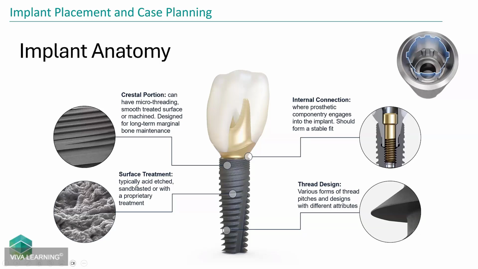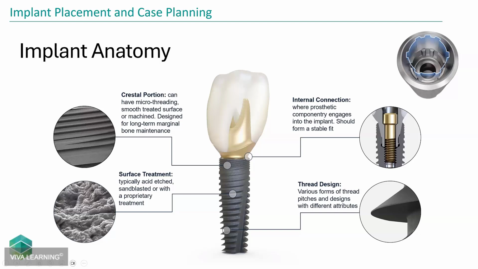There are various types of surface treatments. The titanium itself is going to either be acid etched, sandblasted, or some companies may claim to have a proprietary treatment that they use for their particular implant. Then there's going to be the internal connection.